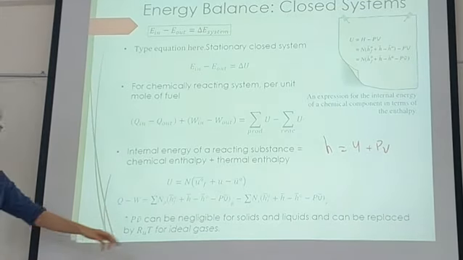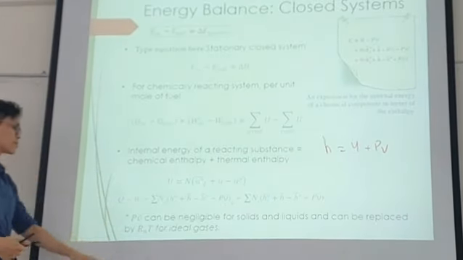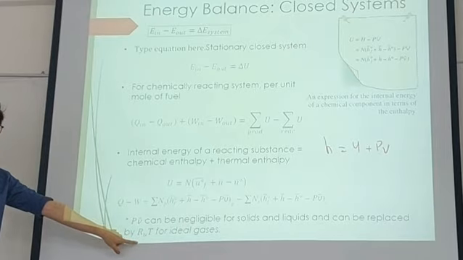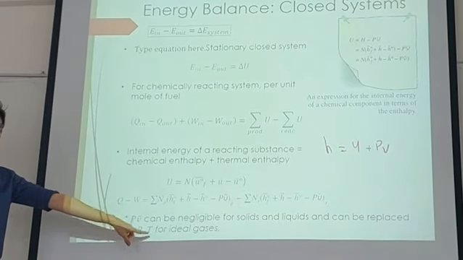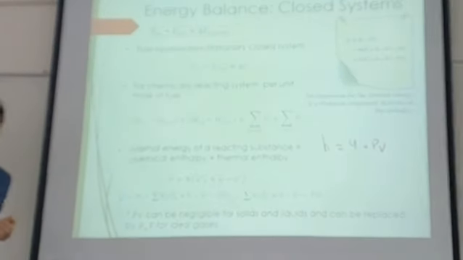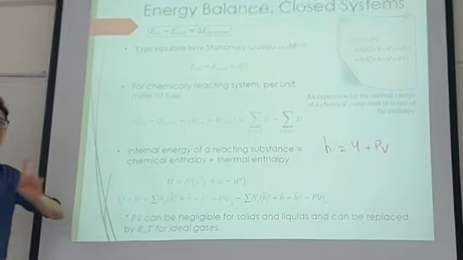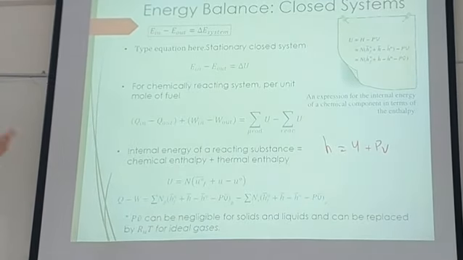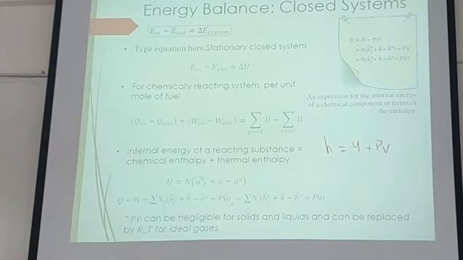PV is not a value that we usually have, so we will usually change it to RuT. Then it's easy, because you just need the temperature of combustion, and Ru is just the universal gas constant.